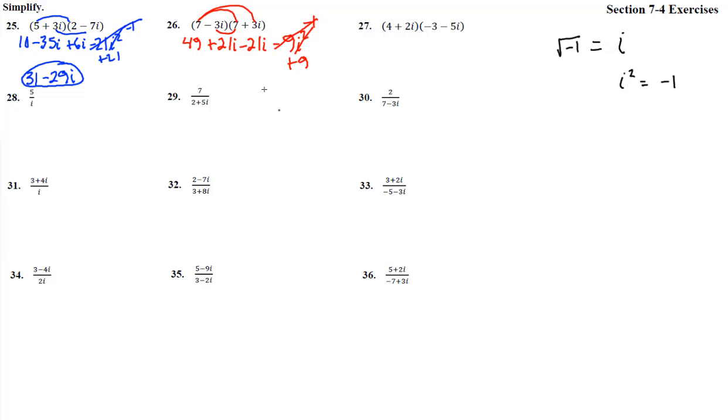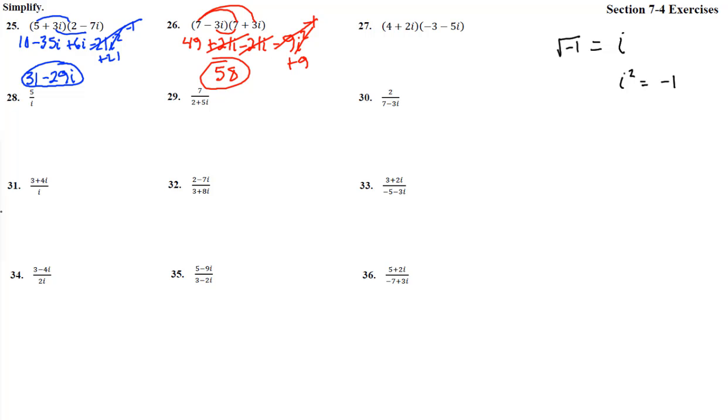Now notice what happens here. These two are conjugates. The middle terms cancel. The imaginary portion cancels, and we get 49 plus 9 is 58. Remember, that's a difference of squares: 49 minus the -9, that makes it a plus 9. So difference of squares, conjugates come up again and again. Conjugates get both terms out of the imaginary world back into the real world.